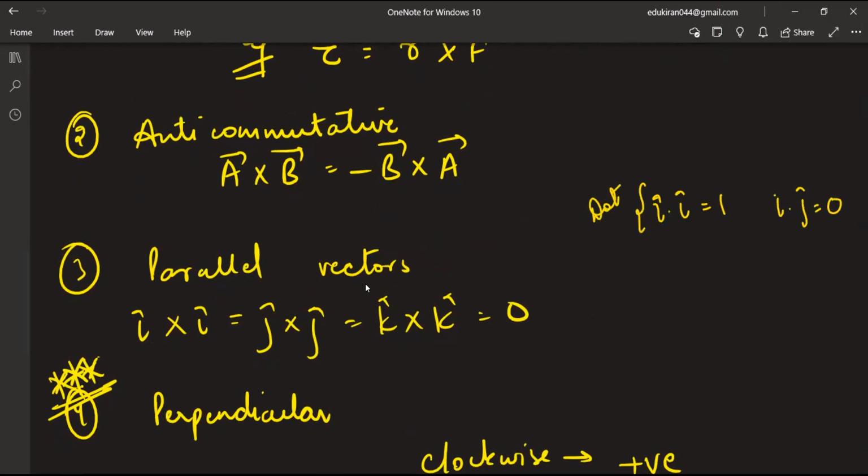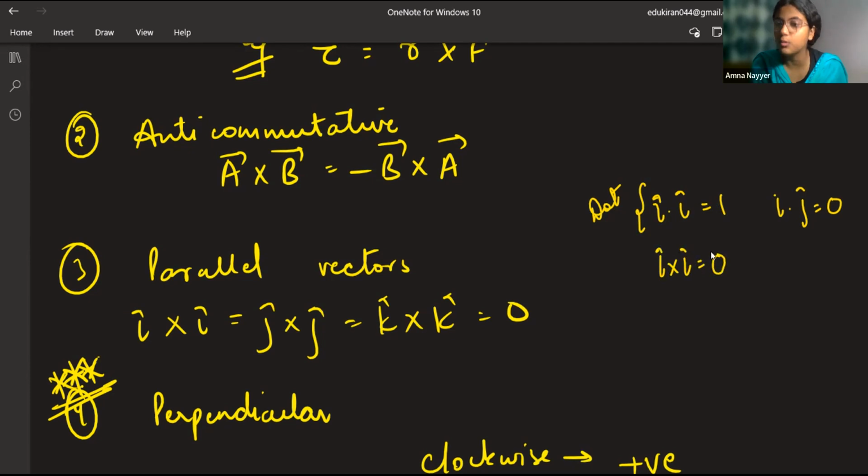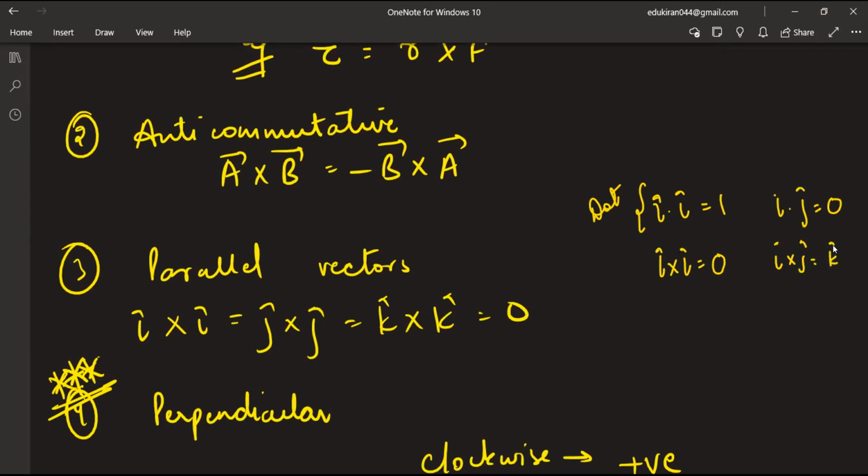When we are talking about cross product, you get 0 only for parallel vectors. You don't get 1 because of direction, right? So I cross I won't be 1, it would be 0. But when we have I cross J or any other pair, you get the third vector, whichever is left, because all three vectors are perpendicular to each other.